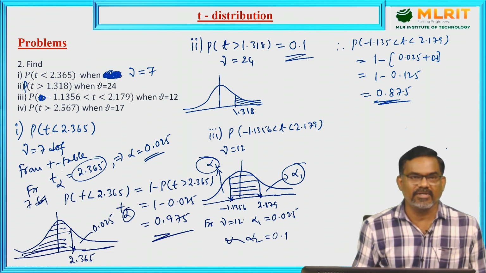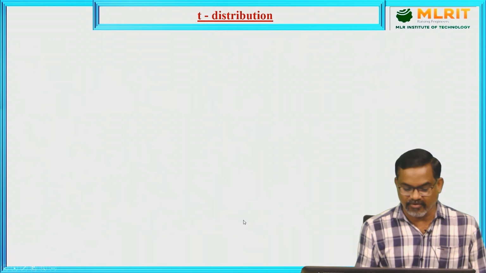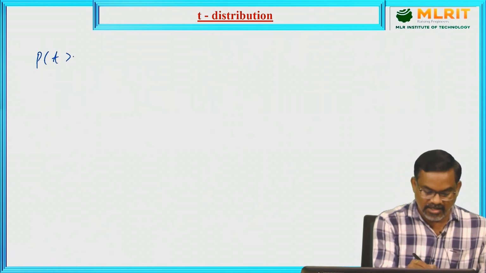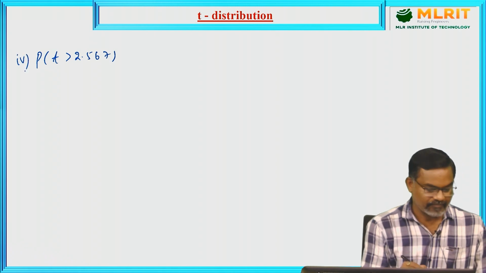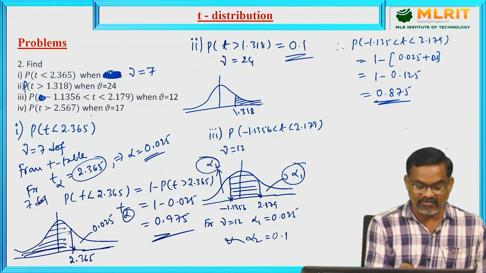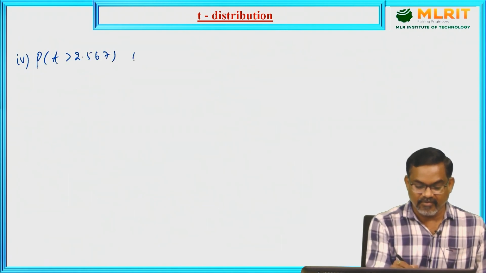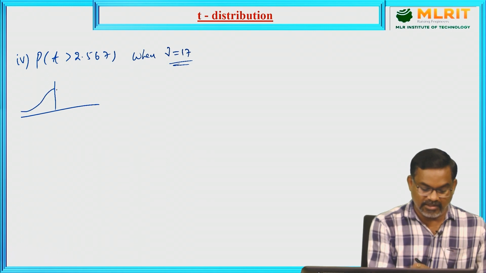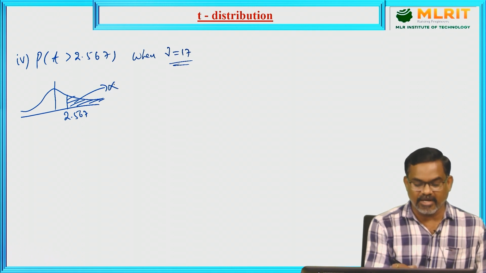Similarly, the last one is a direct value: t greater than 2.567, the fourth one, when nu equal to 17. This is the required one, and directly we can obtain it from the t table.